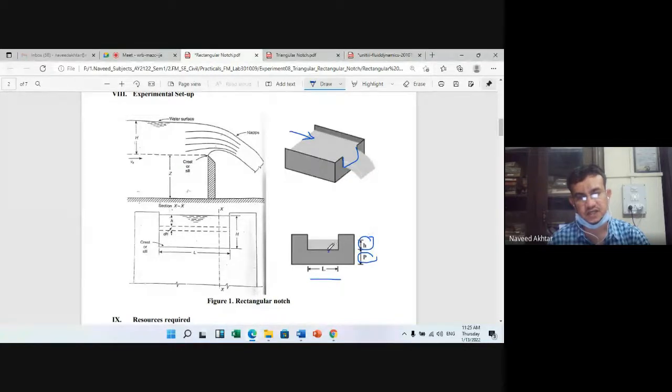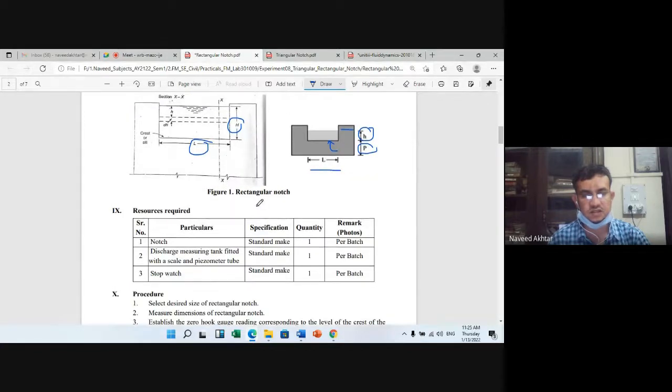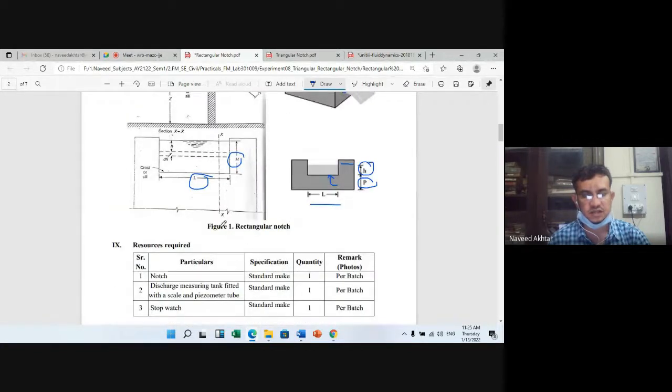This is the crest. The height above the crest to the water level is nothing but small h. Okay. Somewhere it is written as capital H, somewhere it is written as small h. Or then you consider a small strip dh at a distance of h above, and you can derive the discharge equation by using this formula by integration.